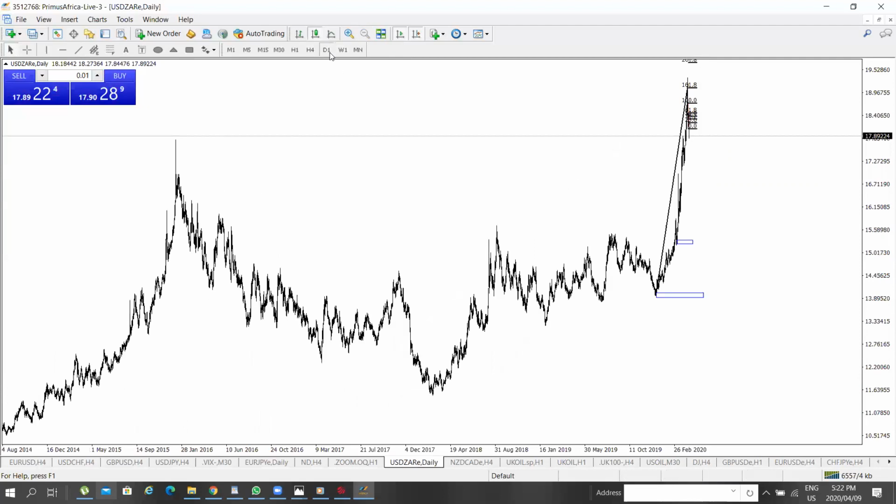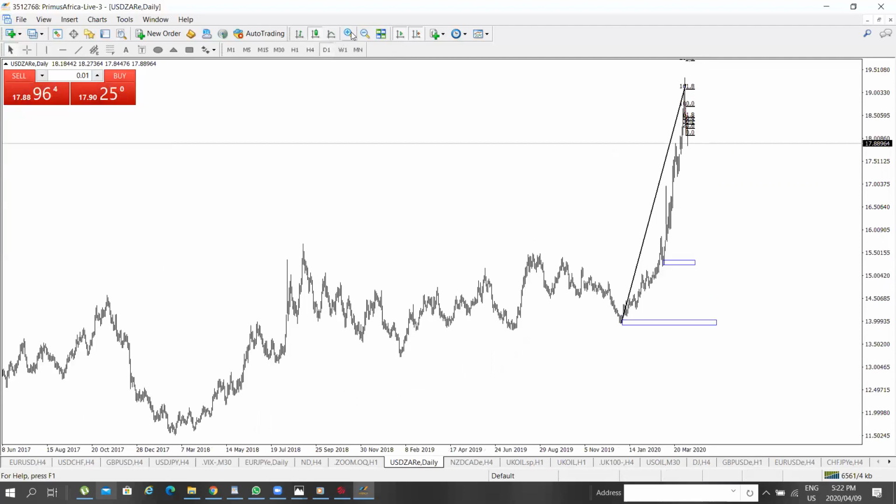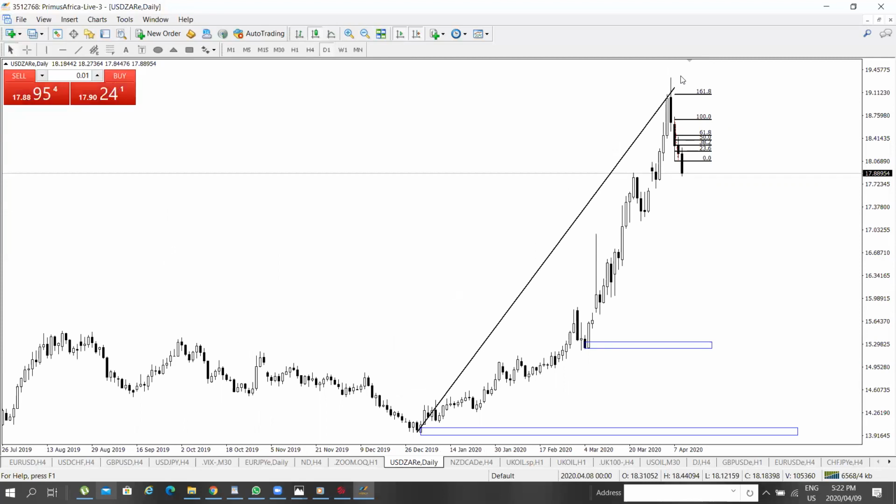Let's check how long ago price reached that level. Remember, it even reached 19 rand 30, almost 20, right?